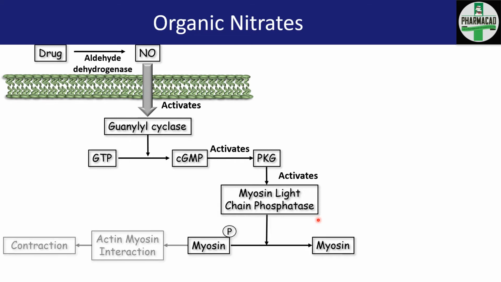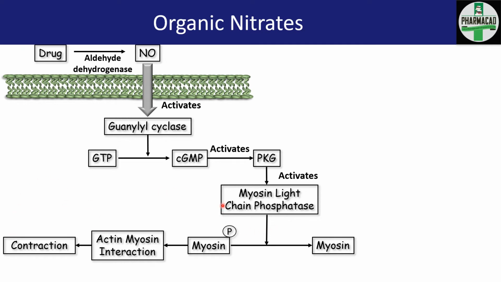How? Let's see. Generally what happens, there is myosin inside the cell, and these myosins are getting phosphorylated in the presence of myosin light chain kinase enzyme. Once this is phosphorylated, it will interact with actin, and this interaction will cause contraction. So for contraction, this phosphorylation is always mandatory.